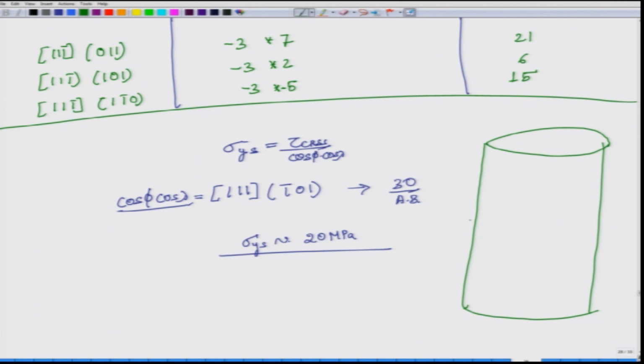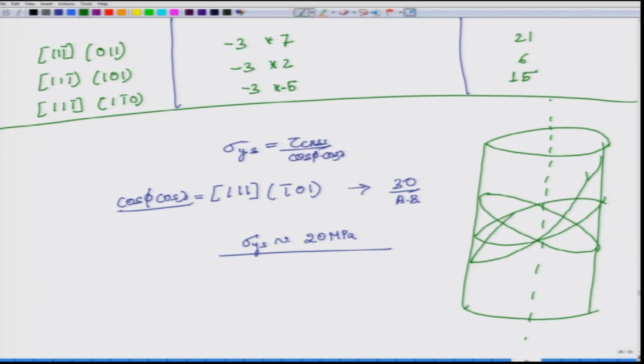So, there were several of these 111 direction, 101 planes. So, there are several of these 111 planes. For each of them there will be a different value; the tau CRSS is constant for all of these.